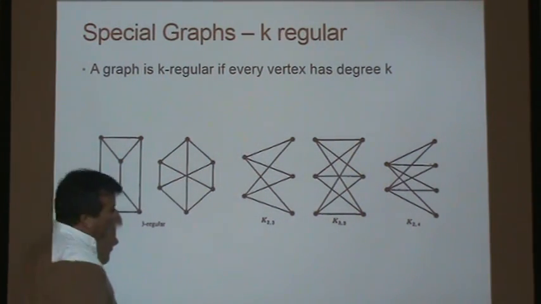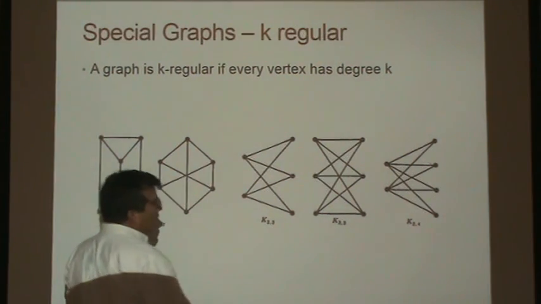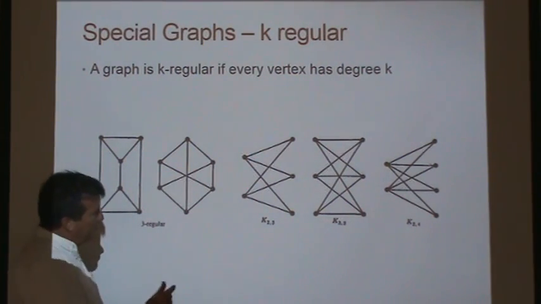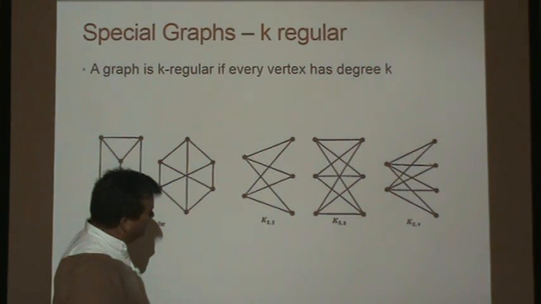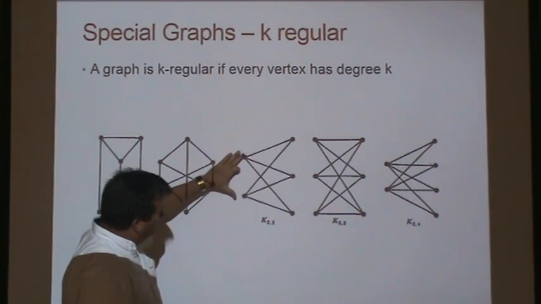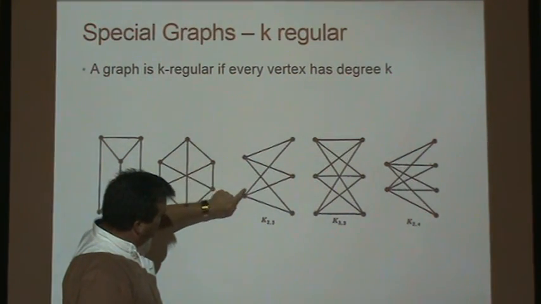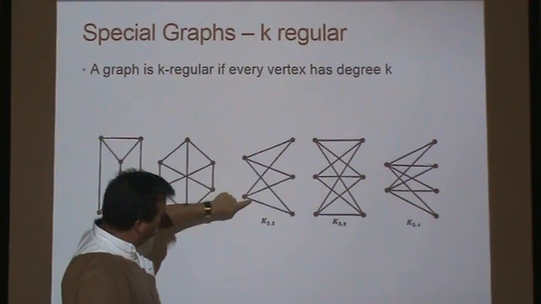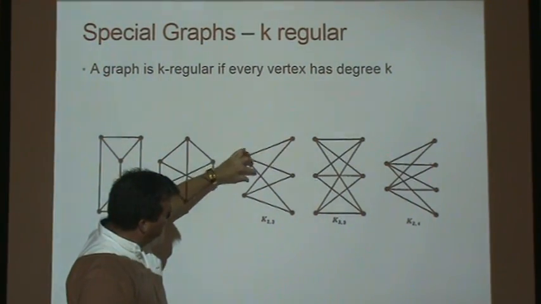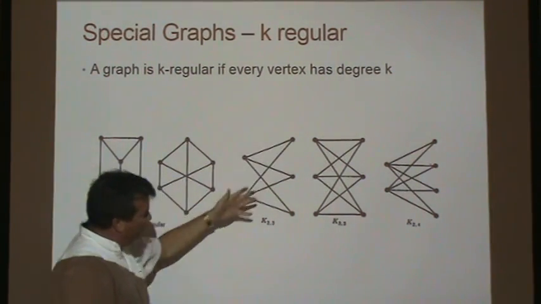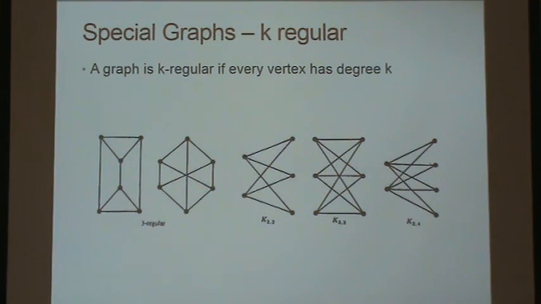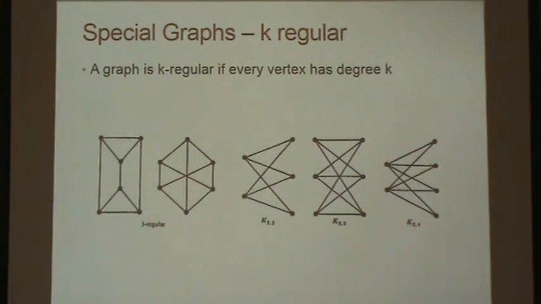We could also say a graph is K2,3, meaning it has 2 parts. It can be broken up into these 2 pieces that are degree 3, and these 3 pieces that are degree 2. We call that a K2,3 regular graph.